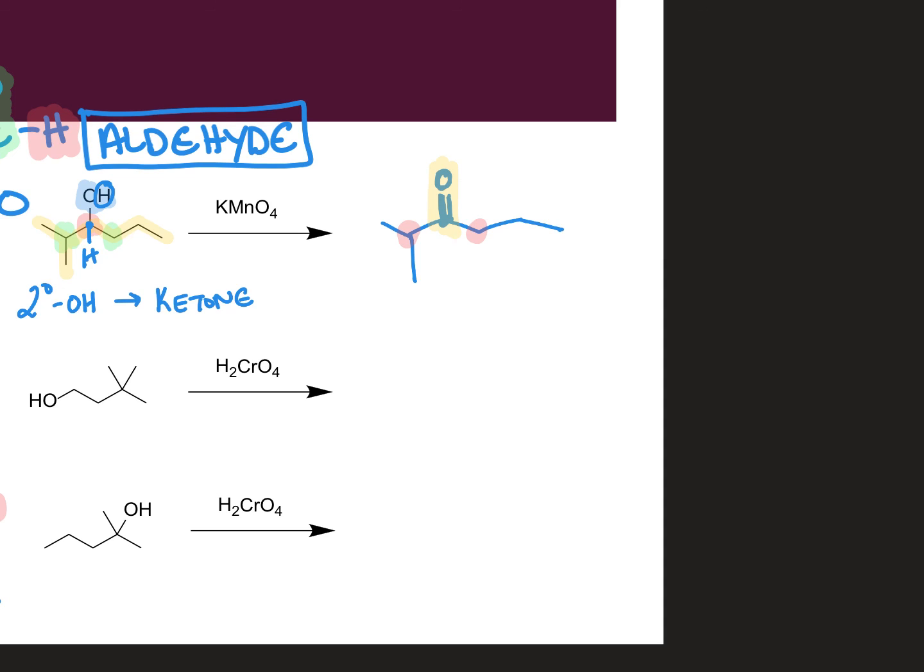Let's look at the second alcohol. So here's the OH. It is attached to this carbon, which is attached to only one other carbon. So now I have a primary alcohol. Primary alcohols become aldehydes. So again, my carbon chain is going to stay the same.